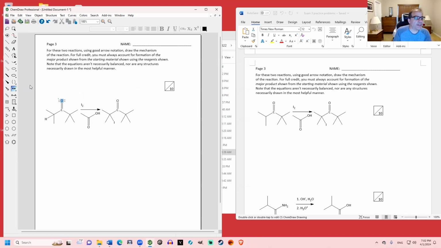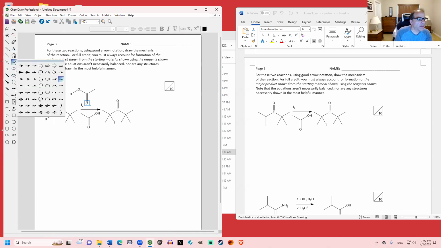So we just need to add some lone pairs to the oxygen. And we'll draw our acetic acid molecule. That's what's going to protonate our carbonyl oxygen.